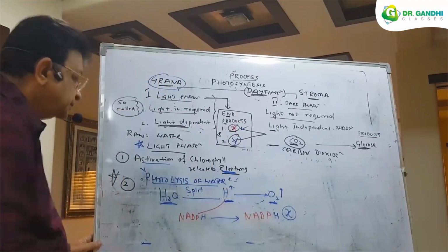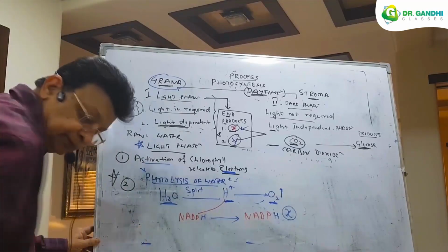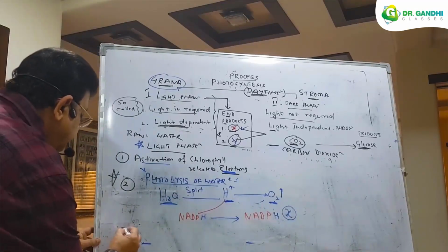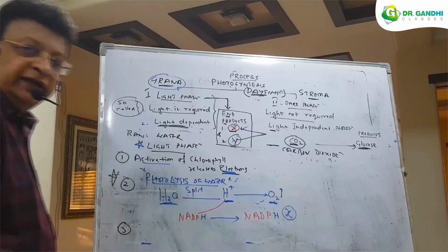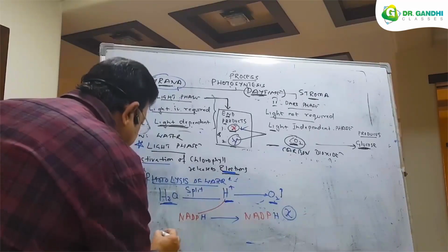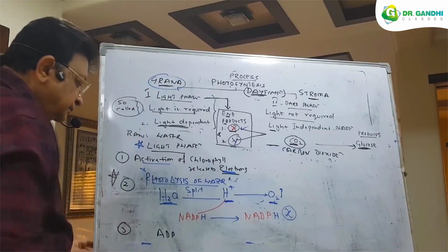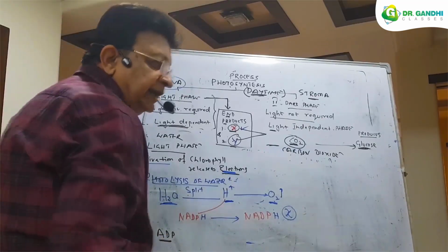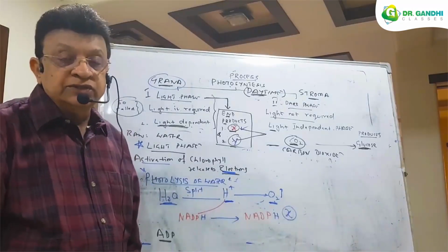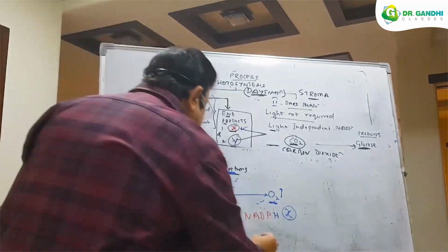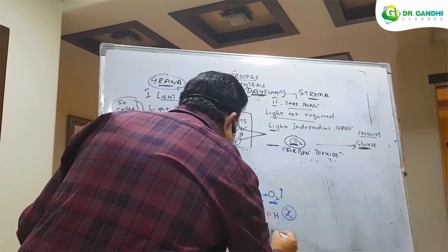So now we go to the third one. Look carefully. When energy is used, ATP becomes ADP. Now, for any activity, including photosynthesis, we require energy in the form of ATP.